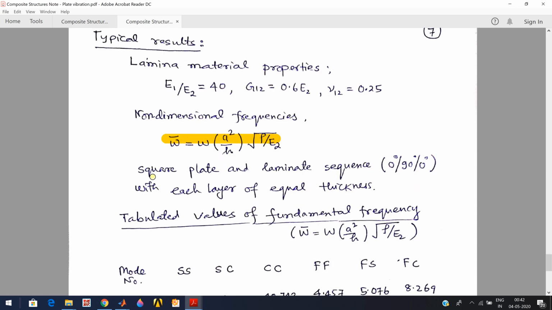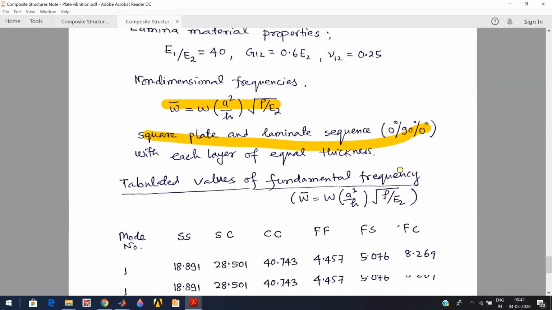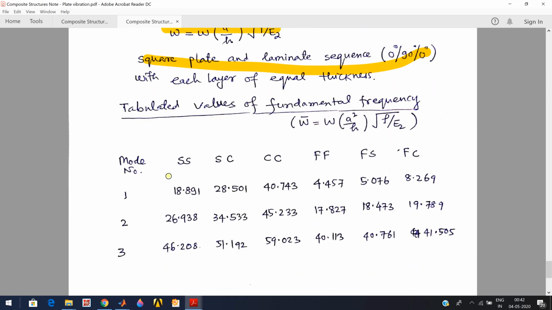And for a square plate with this laminate sequence, the frequencies are reported for 6 boundary conditions in this table and 3 modes. And we already know that for Levy type plates we get 6 boundary conditions.